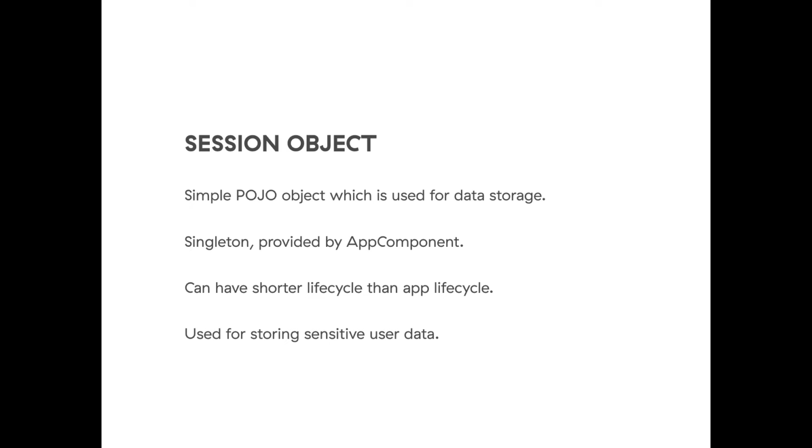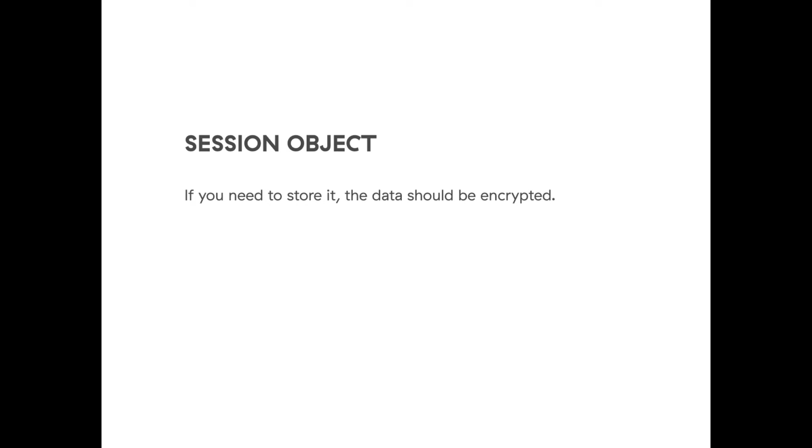So this is something which should only be available in memory, like authentication tokens for network requests. And in most cases, we really don't want to store it on the file system. But if for some reason we have to do it, you need to take into consideration what kind of data you're actually storing. If it's authentication tokens, then you shouldn't even store it.